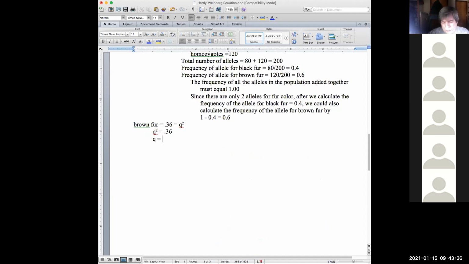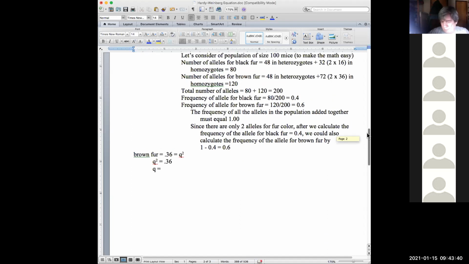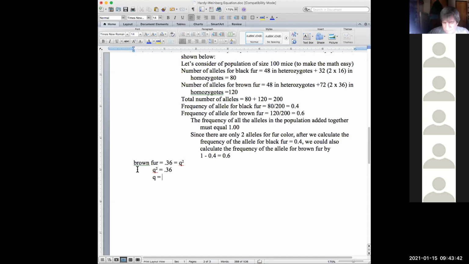What would you have to do to find out what q equals mathematically? Take the square root of both sides of the equation. The square root of q squared is just q, and the square root of 0.36 is, guess what? 0.6, the same number that we came up with here.